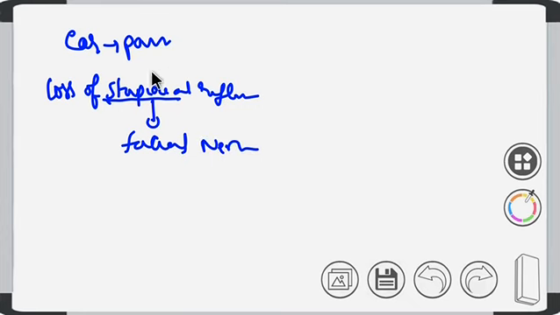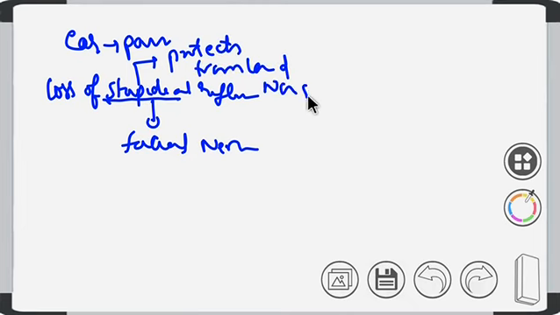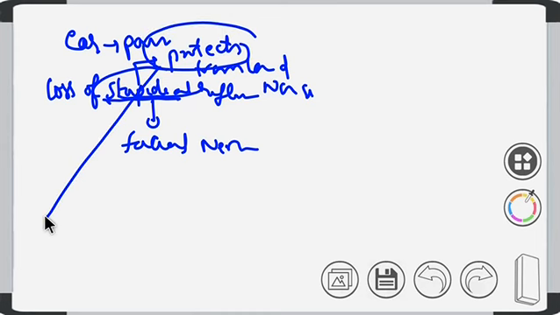What this muscle does is protect from loud noises. So when there is loss of innervation, the stapedius muscle undergoes paralysis, and that results in loss of this protection. Due to this, there is pain. Clear?